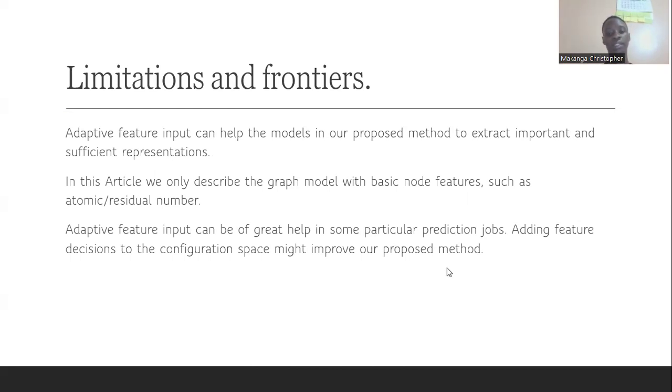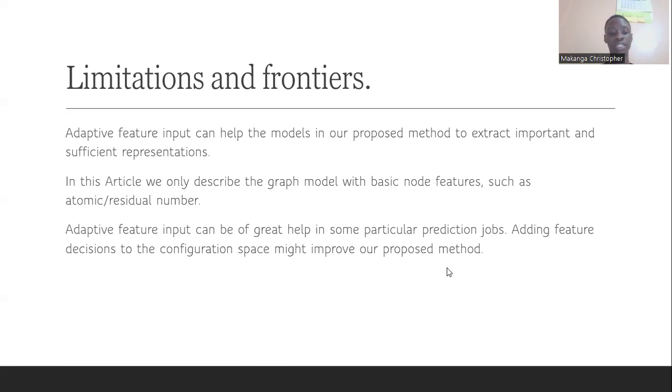And then the authors describe the graph model with basic node features such as atomic number or residual number. The adaptive feature input can be of great help in some particular prediction jobs.